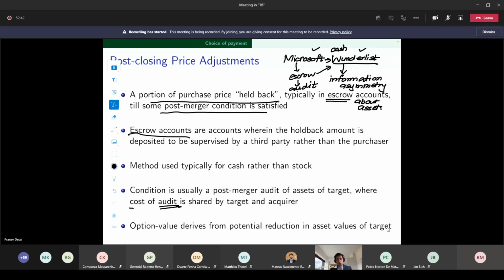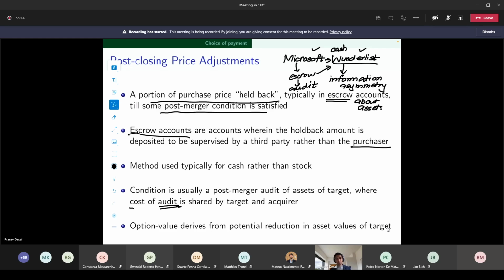So in this case, the option value is deriving from potential reduction in the asset value of targets, which is precisely what I said, that is information asymmetry about the assets. If the assets are really worth much less, then that payment will not go through, and Microsoft will manage to rescue some of the loss which might be resulting by Wunderlist not being completely honest and transparent about the deal itself, about the status of its assets.